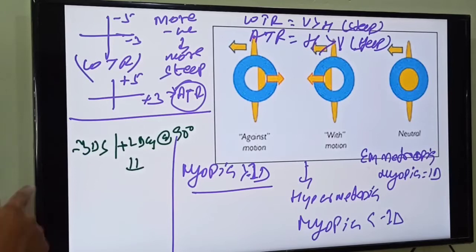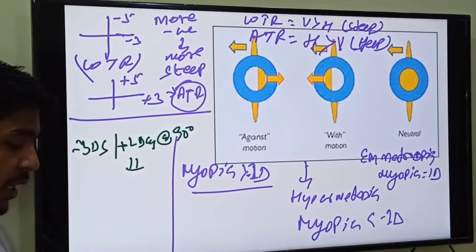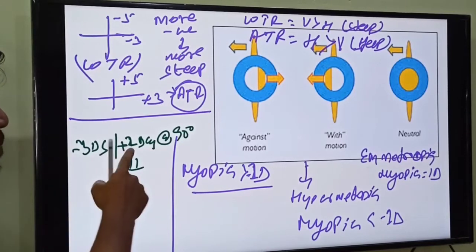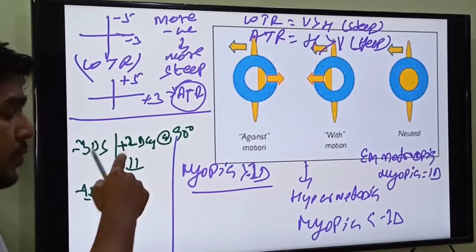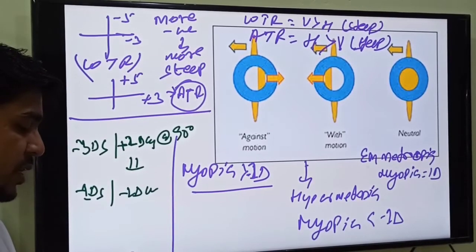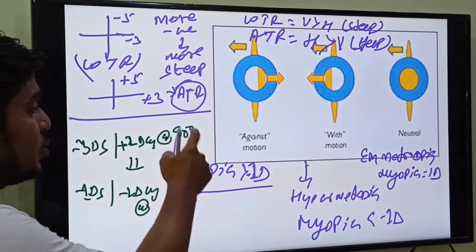If you do the transposition of this, what will happen? -3 + 2, how much is that? -1 diopter sphere. Just change the sign of the cylinder, -2 diopter cylinder, and change the axis to 180.